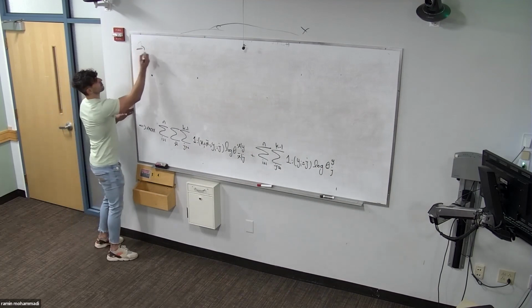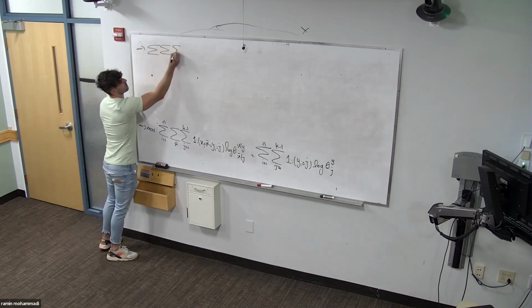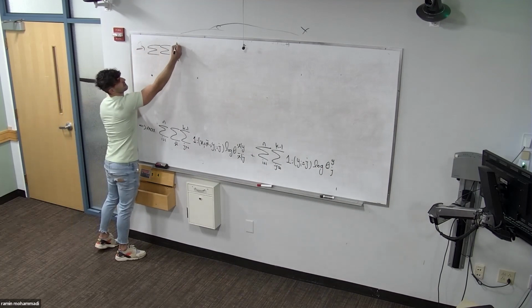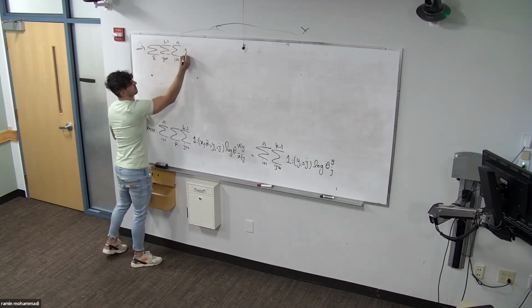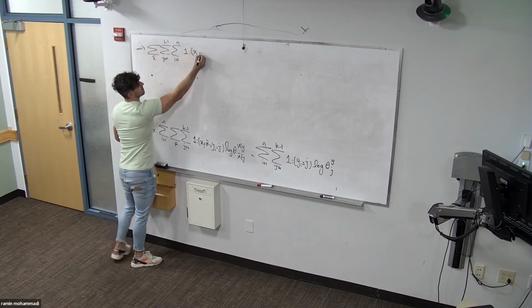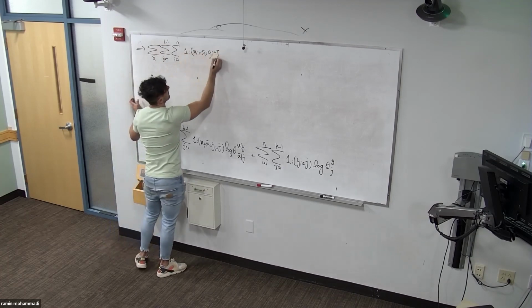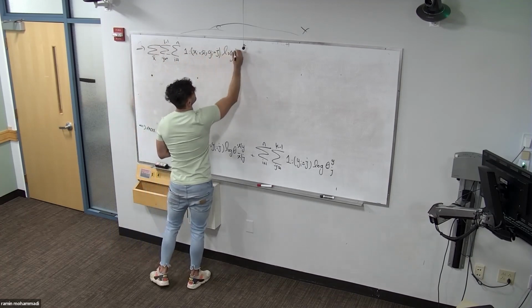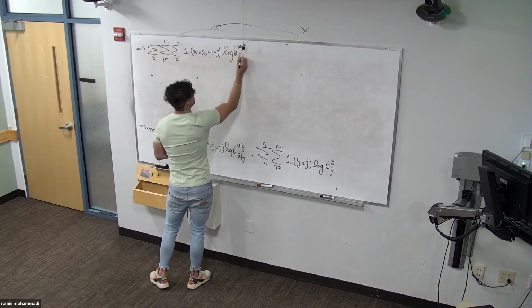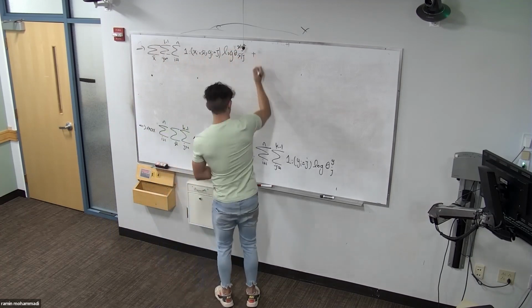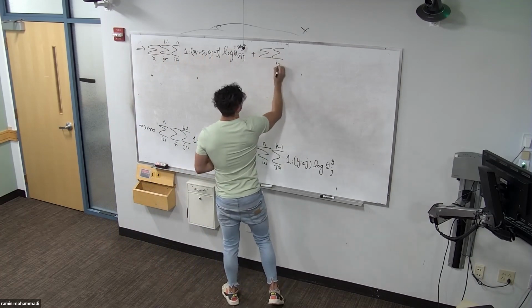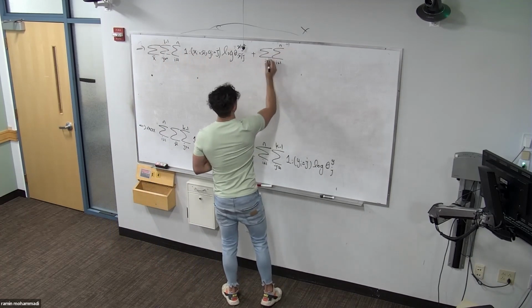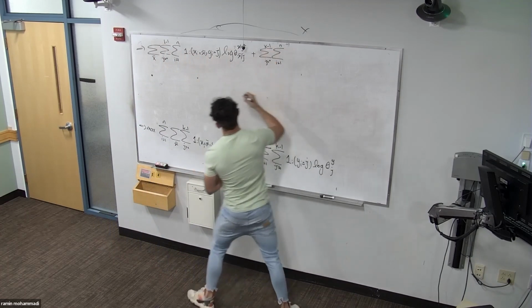So I'm going to bring the summation over i inside, basically i from 1 to n. For the second one also, I'm going to swap the order, basically.